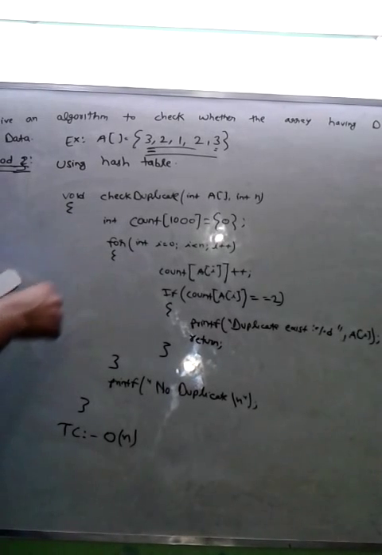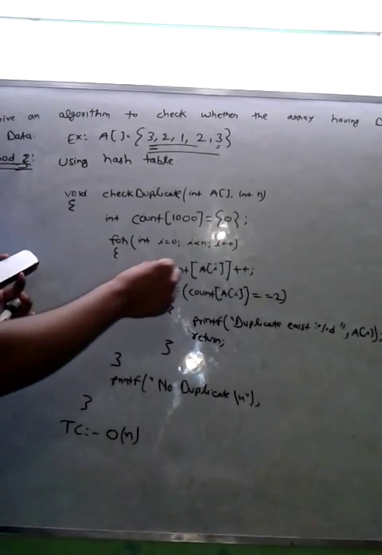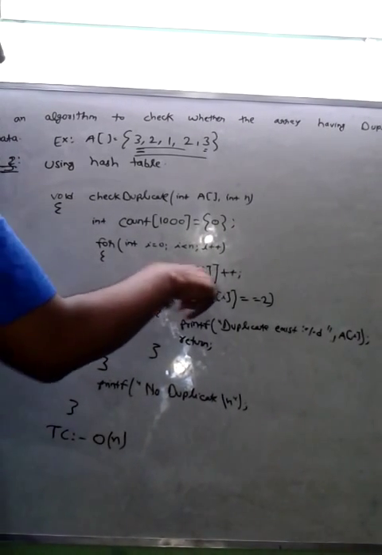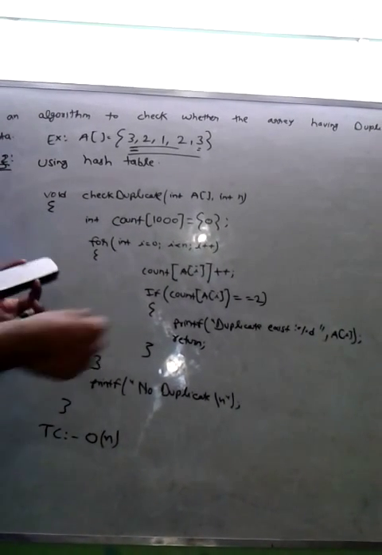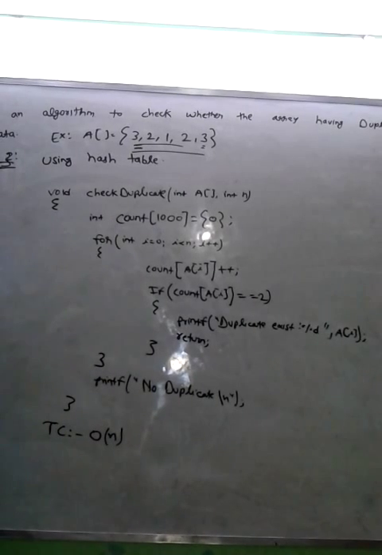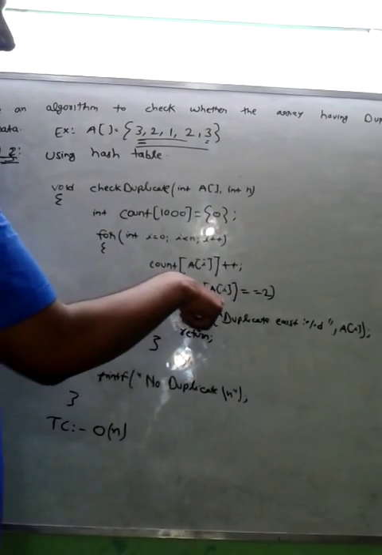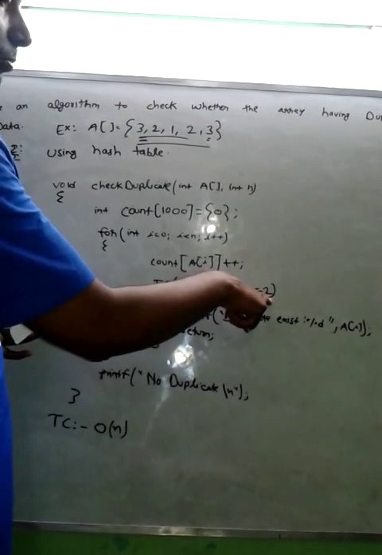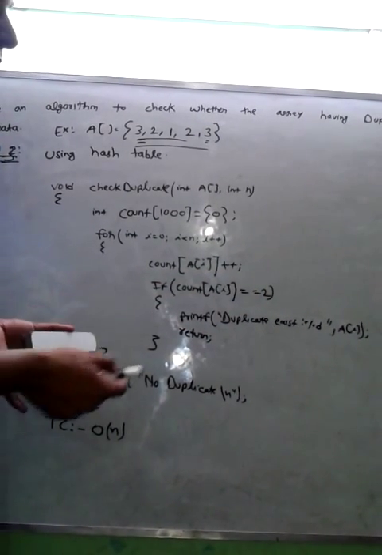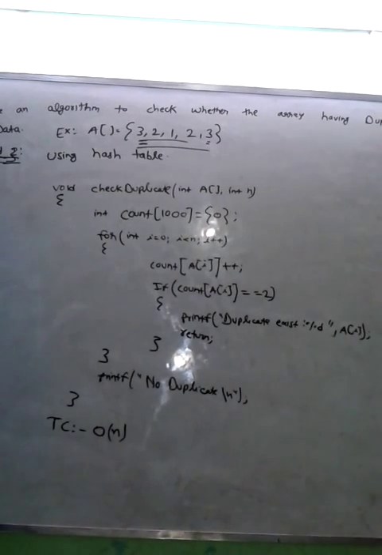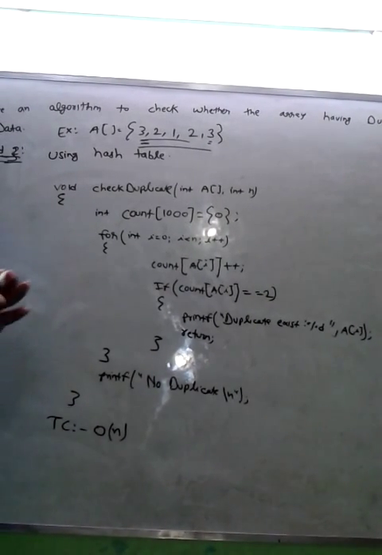After that we put each element into the count and increment its count by 1. When we find that the count equals 2, that means we have found the duplicate element. Let's see how this code works.